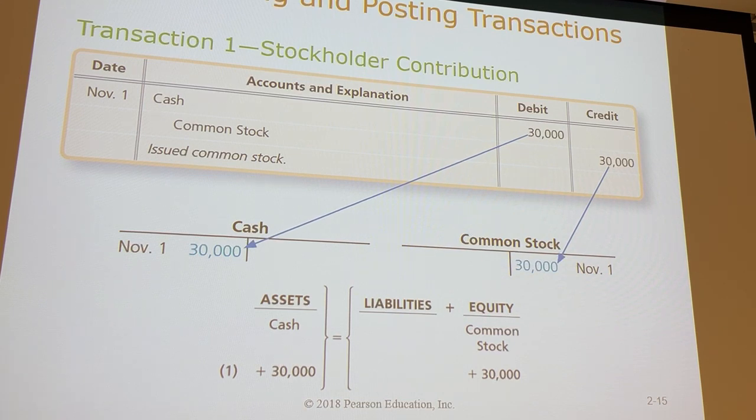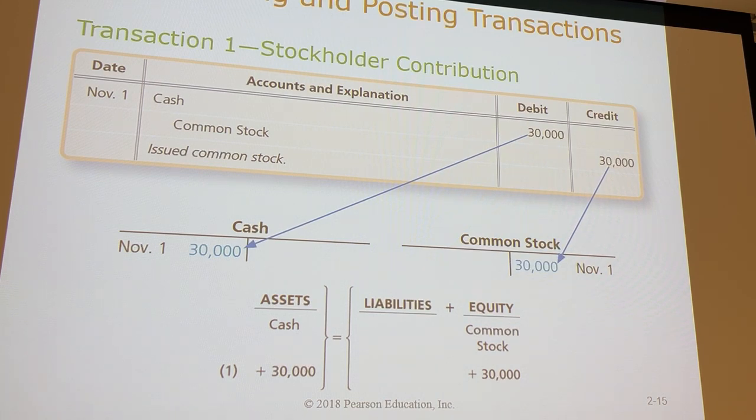And we put the date next to that, November 1st. Then we find the T account for common stock, and we put a $30,000 credit entry in common stock. And we also put the date November 1st there.